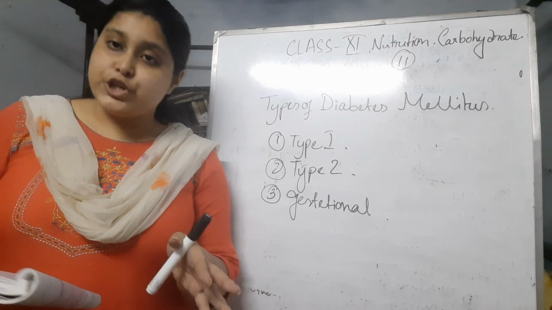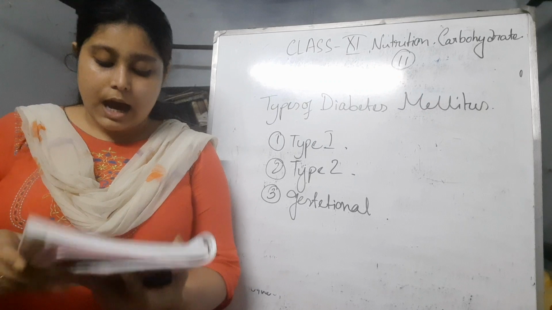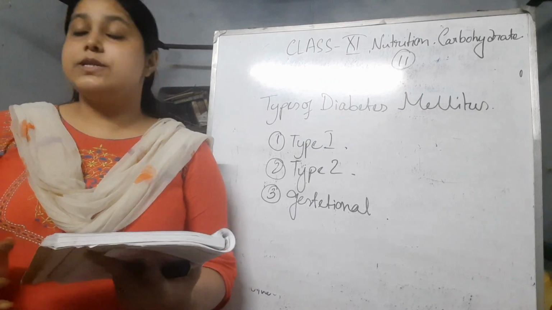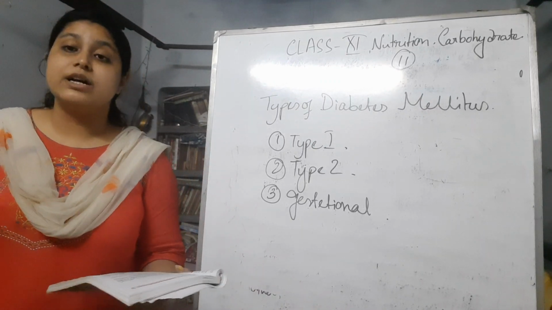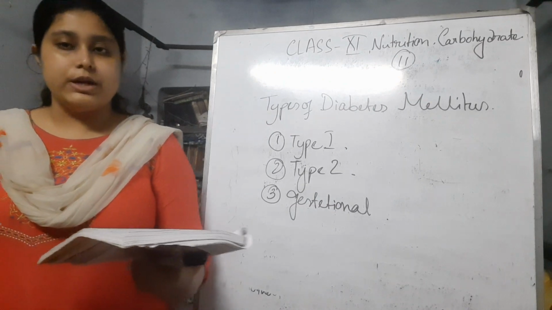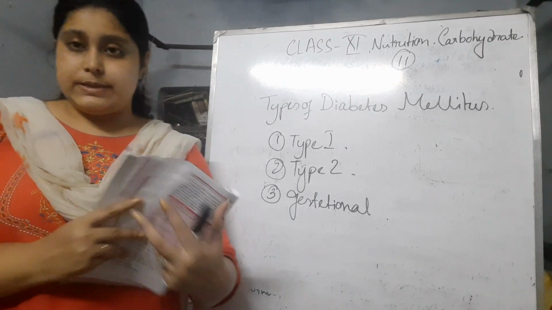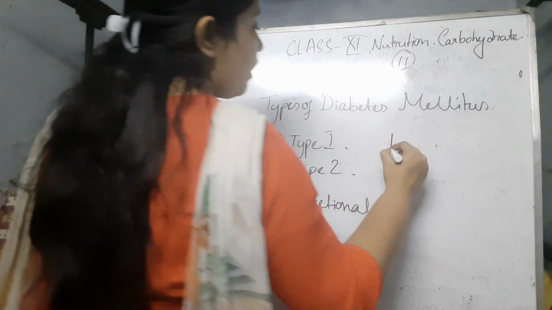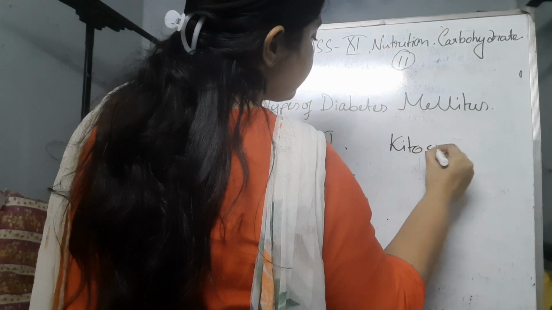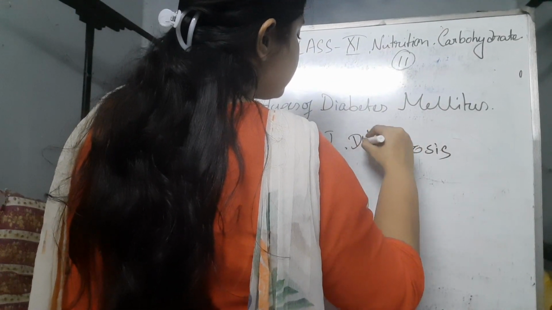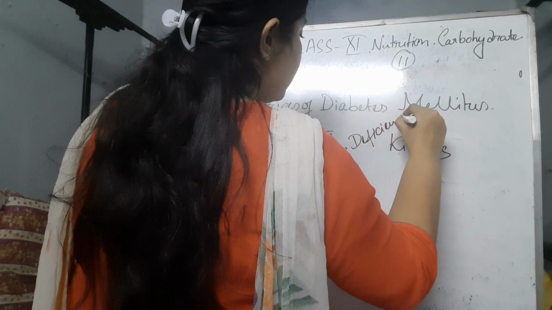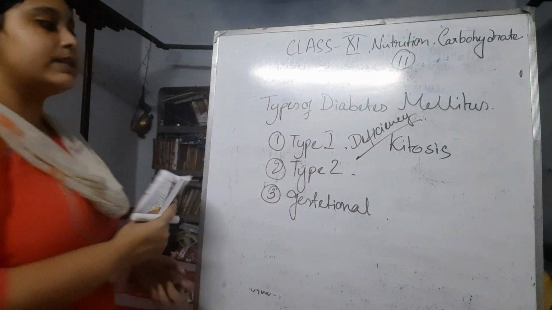Now going to the deficiency. Deficiency means that we are consuming a lesser amount of carbohydrate. So the deficiency result first is ketosis.